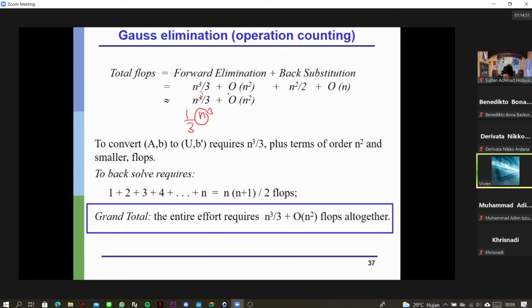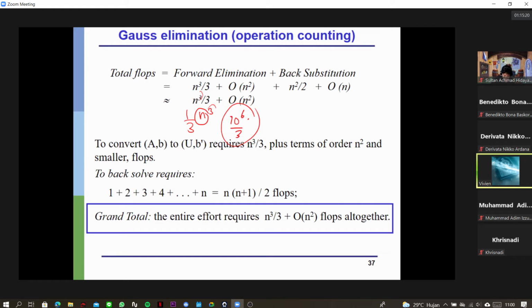Say we have 100 equations, so that will be 100 to the power of 3, which is 10 to the power of 6, so 1 million divided by 3. This is the number of operations needed.